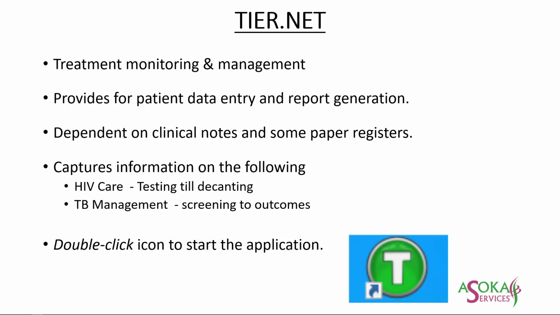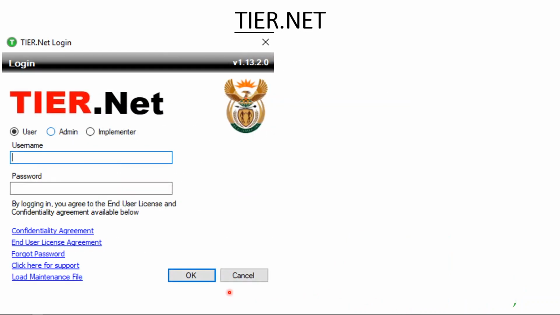If you look in your computer and you have installed tier.net, you will find an icon like this on your desktop. Double-clicking that icon then brings up this screen. This screen is a window where we need to put some information so that we can access the user interface of tier.net.